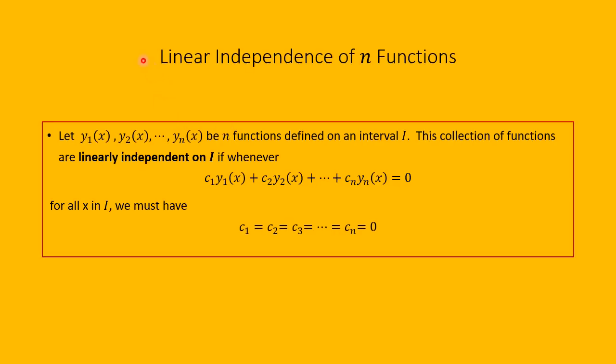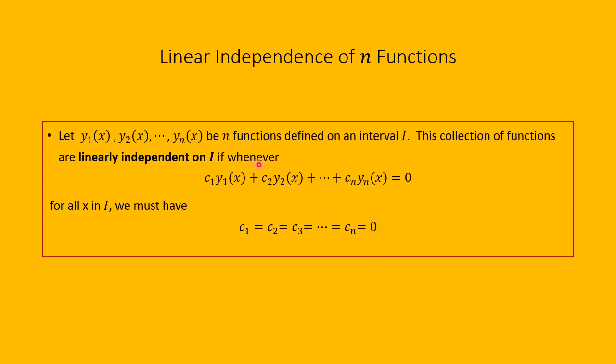Let's talk about the concept of linear independence of a set of n functions. Let y sub 1 of x, y sub 2 of x through y sub n of x be n functions defined on an interval I. The collection of functions is linearly independent on that interval I if, whenever c1y1 plus c2y2 plus all the way through c sub n y sub n of x equals 0 for all x in I, we must have c1, c2, c3, all the way through cn, all equal to 0.